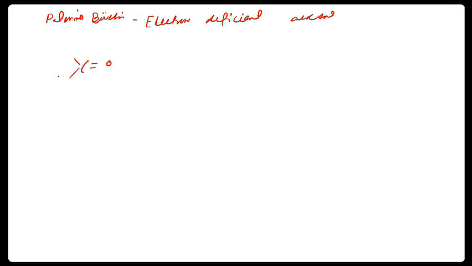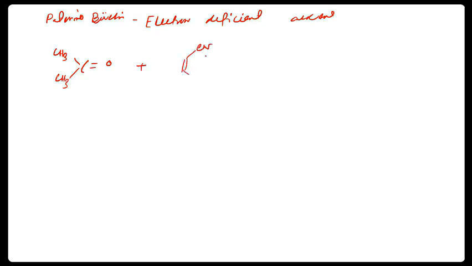Now we'll take up the detailed study also for electron deficient alkene. Paterno Buchi reactions for electron deficient alkene. Let us consider we have taken this carbonyl, acetone, and we have taken this cyano compound.